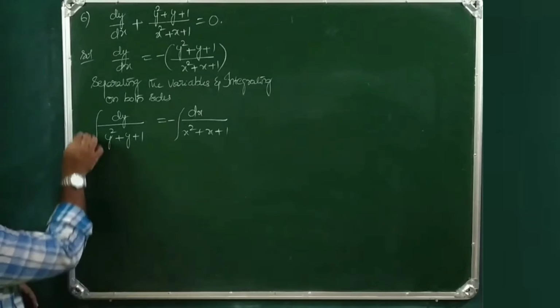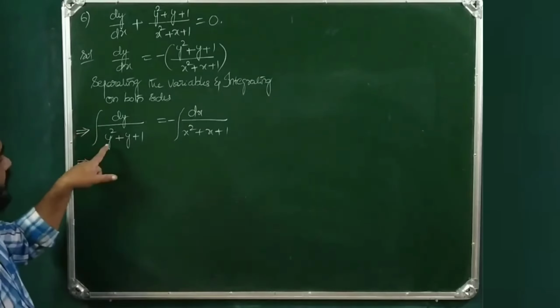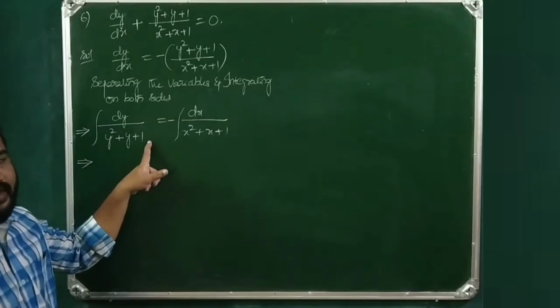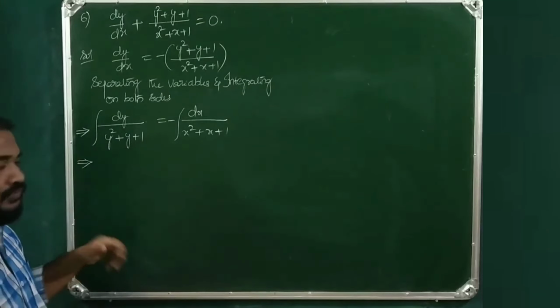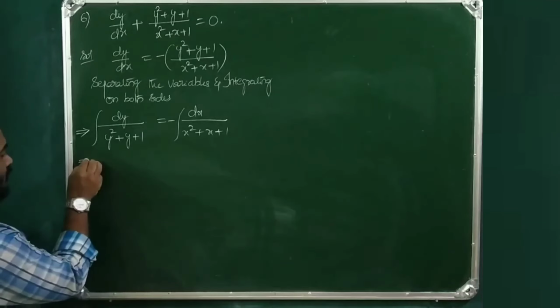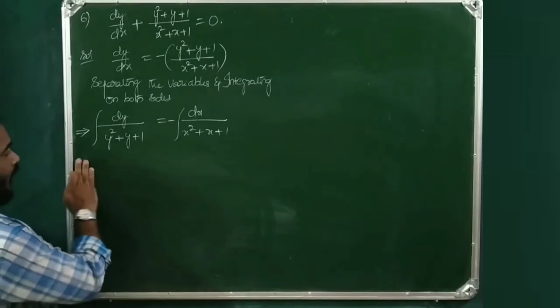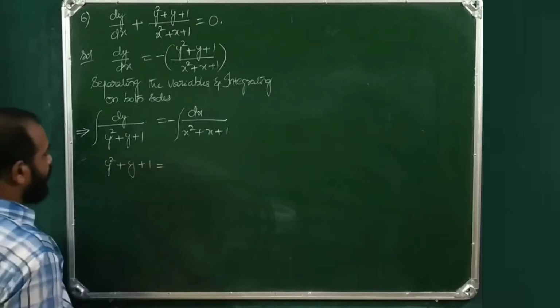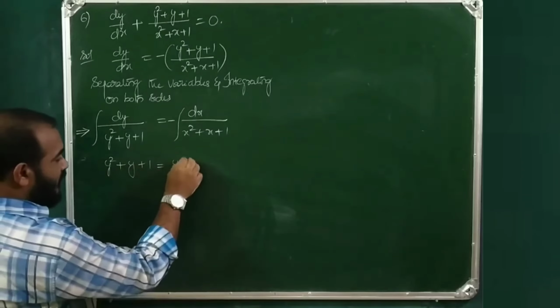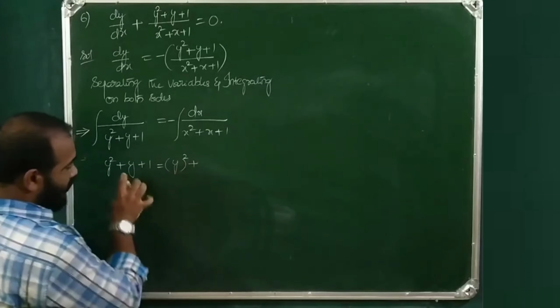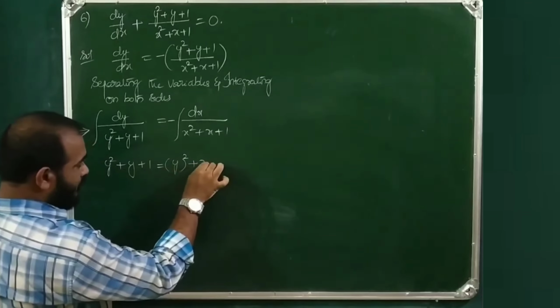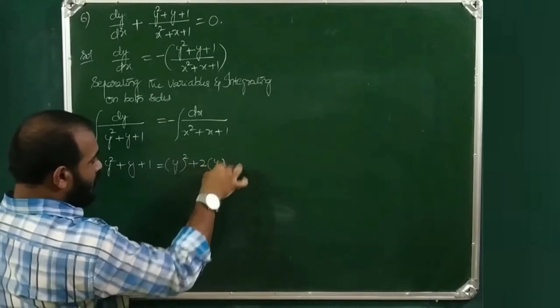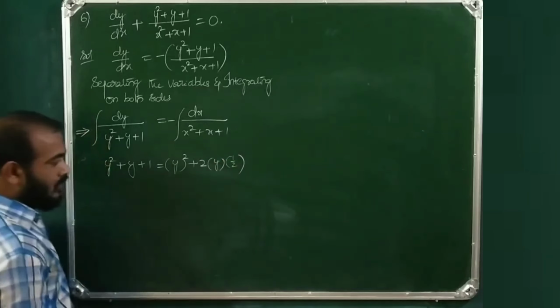Now this y square plus y plus 1 is a quadratic expression, so let us complete the square. Here y square plus y plus 1 is y square plus y, which can be written as 2 into y into 1 by 2.